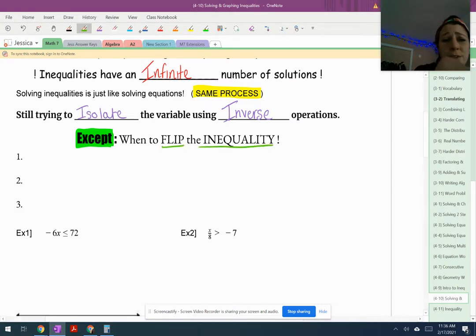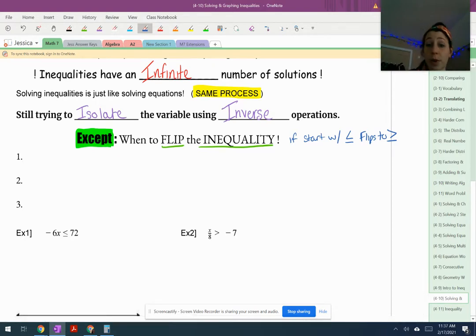So what I mean by flip the inequality is if you start with something like less than or equal to, that flips to greater than or equal to. You're never changing the fact if it's or equal to or not.